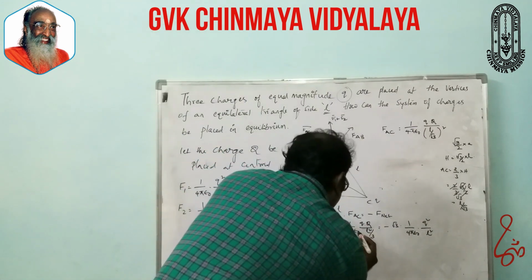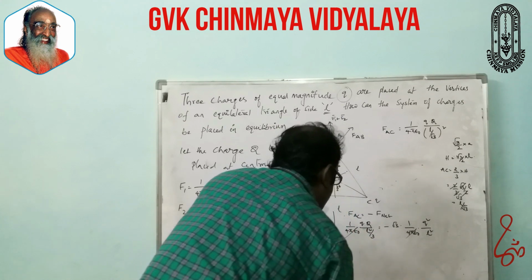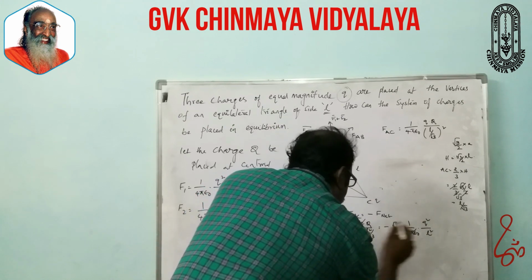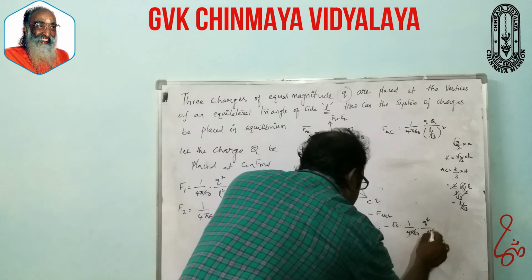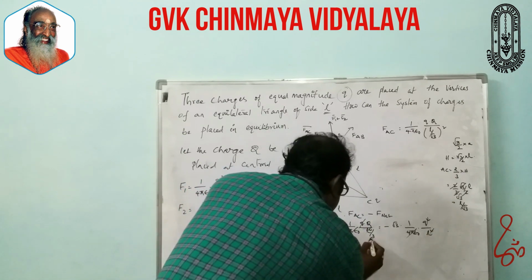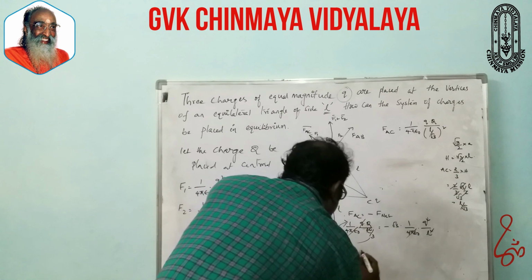So here 4 pi epsilon naught goes away, Q goes away, L square goes away, and this 3 comes to the numerator.